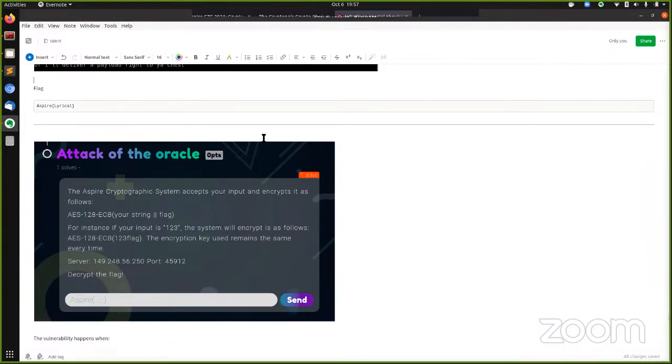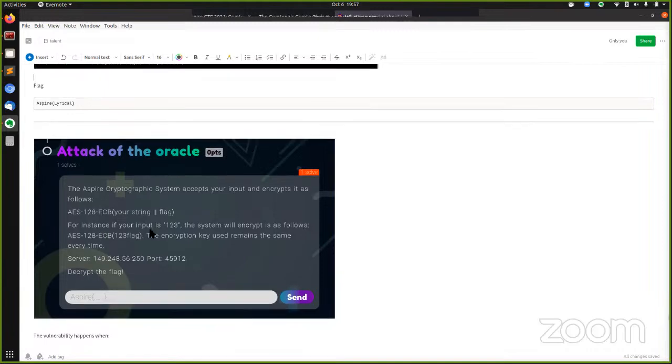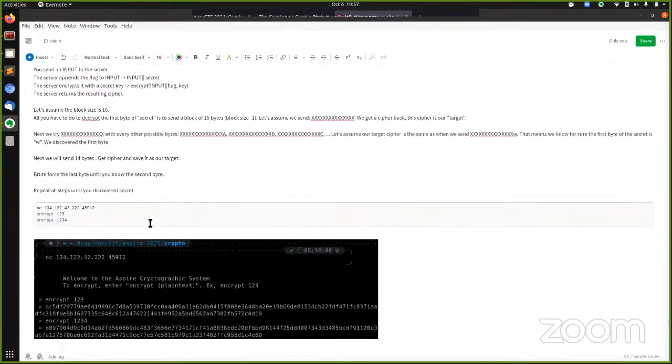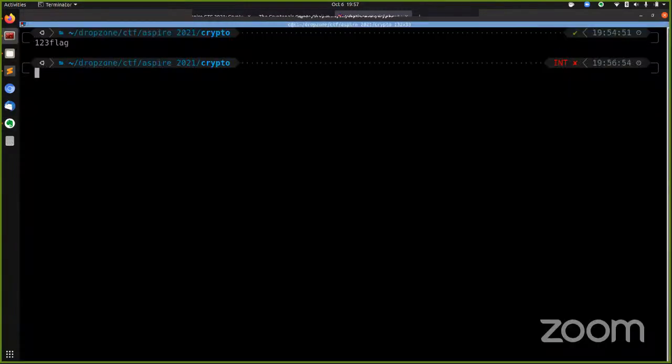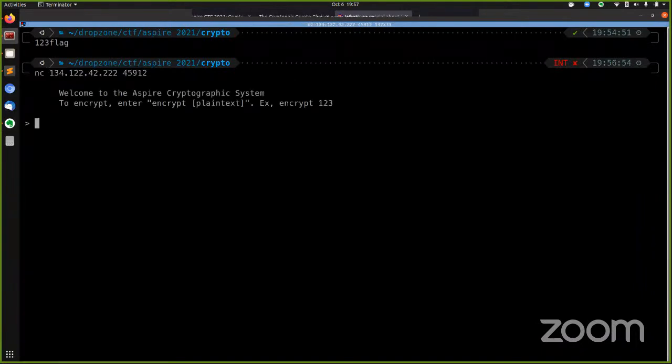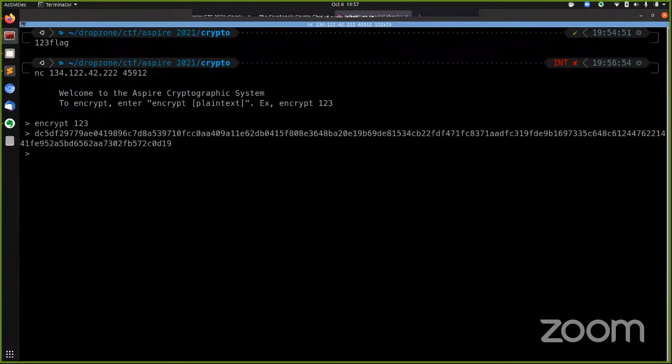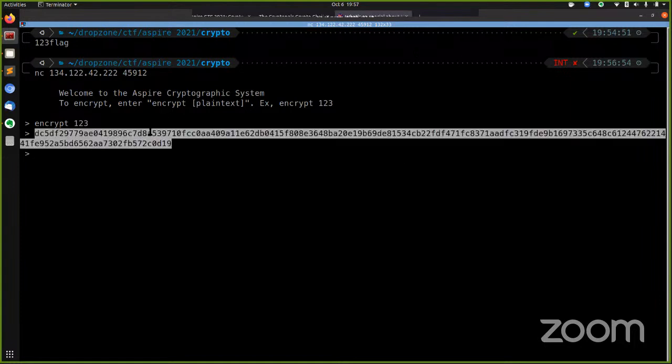So first of all, before we even go to how to break it, let's just connect to this and see how it is going to work. Once you connect to the system, this is what we get. Welcome to the system. To encrypt the data, enter the word encrypt and the data. So if I say encrypt 1, 2, 3, it just gives me the encrypted data back.